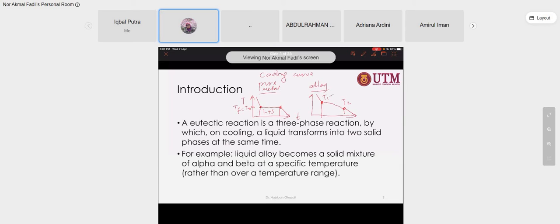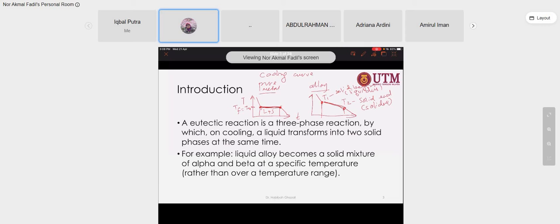T1 is the beginning of solidification, meaning solid begins to form. And T2, what is T2? Solid end. Call it the solidus point. This one is the liquidus point. You can see the gradient temperature. Unlike an alloy, pure metal shows a fixed, constant temperature.